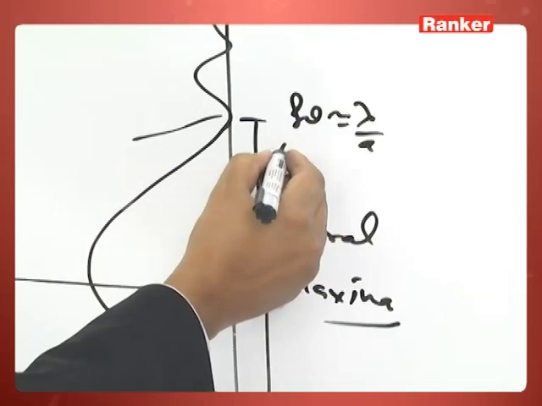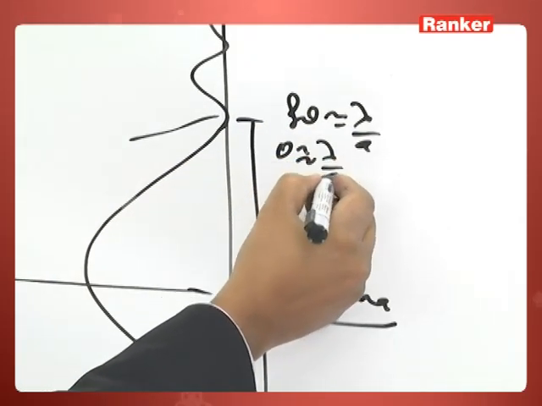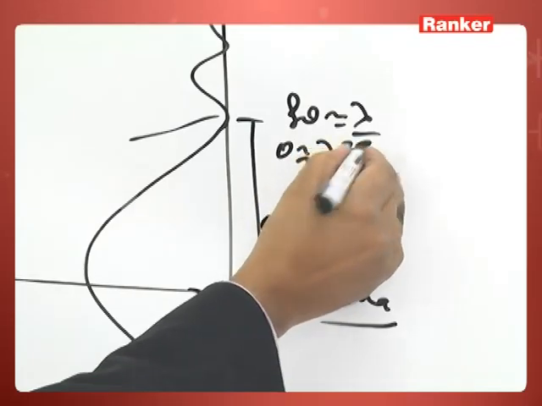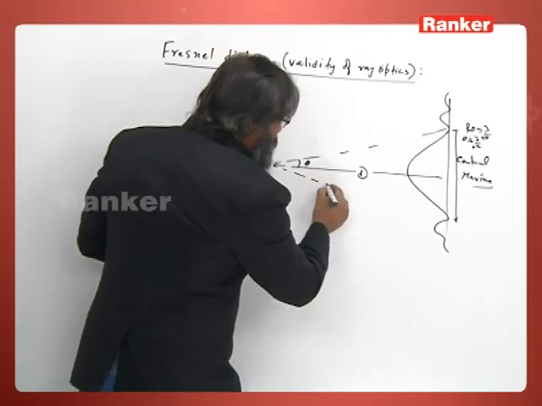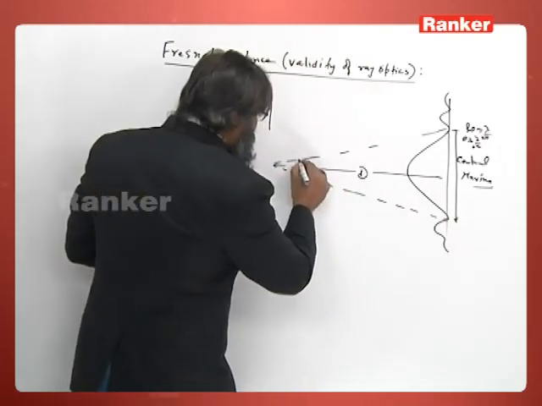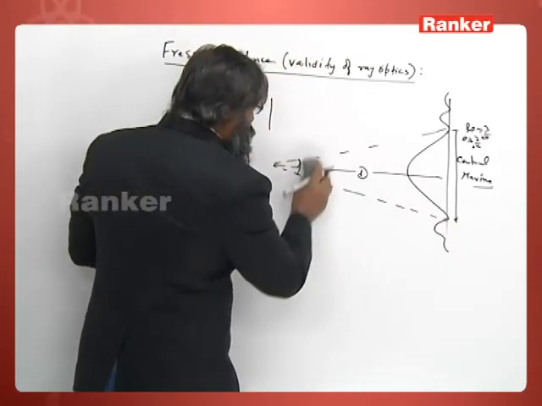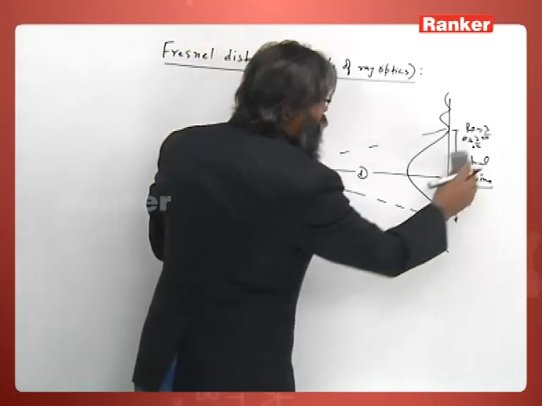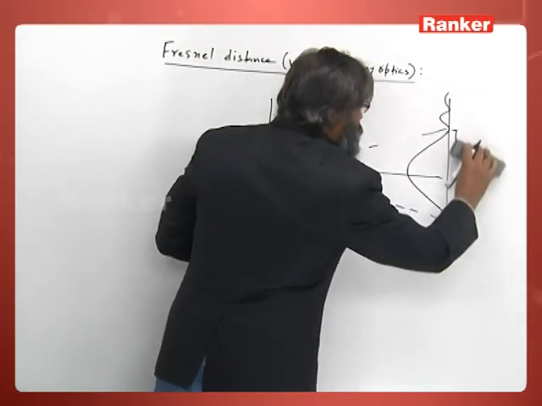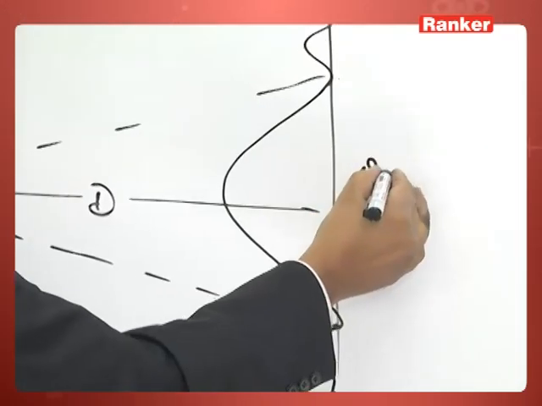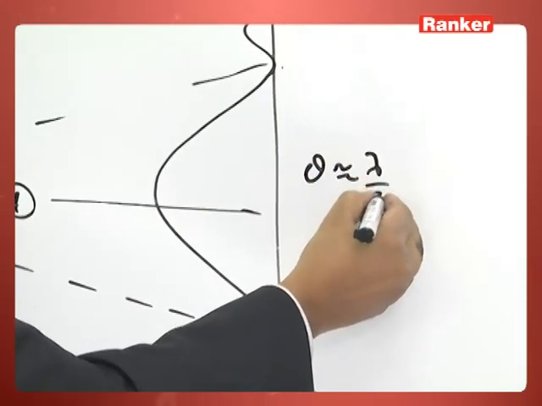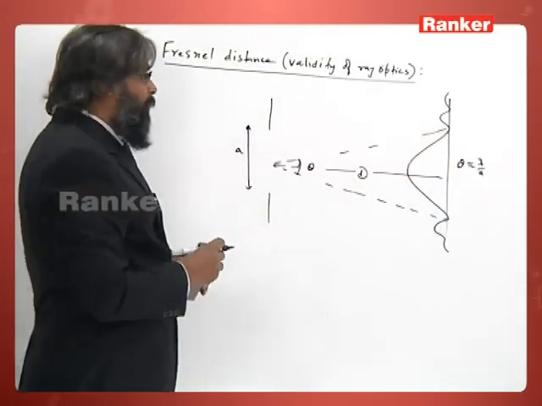So if I consider this whole angle as theta, this angular width has the order of theta equal to lambda by a.